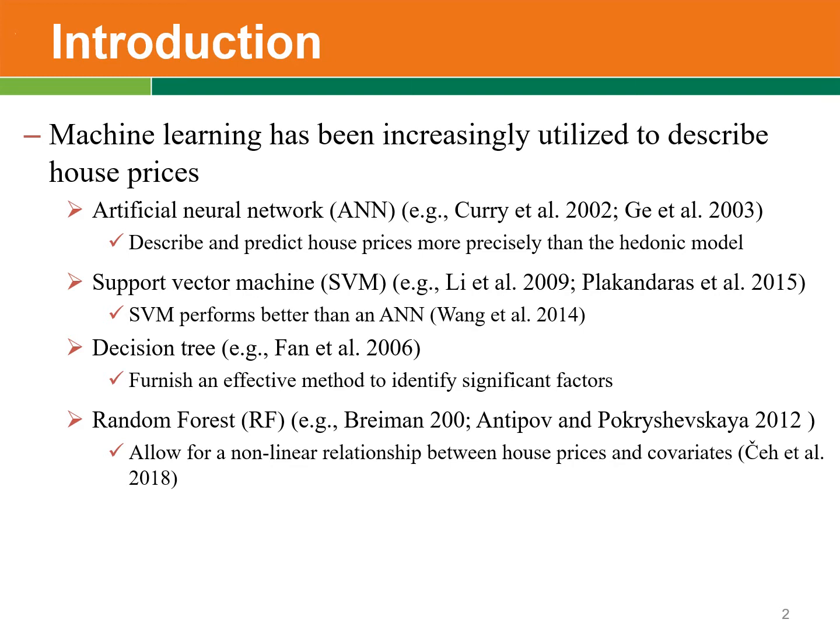A decision tree can furnish an effective method to identify significant factors for house prices using a built tree. The random forest model essentially is an ensemble of decision trees. It can allow a nonlinear relationship between house price and covariates.